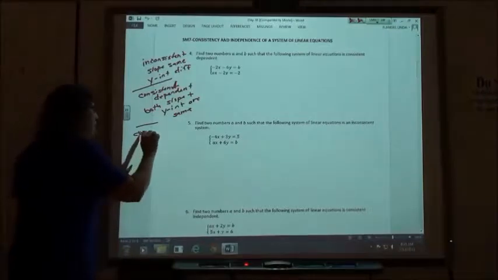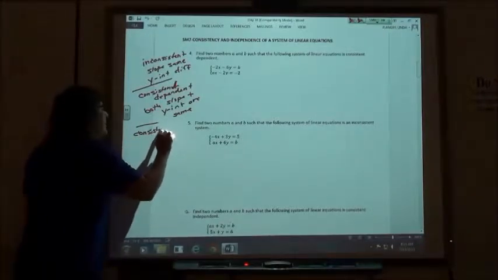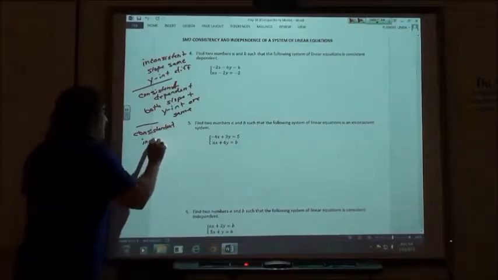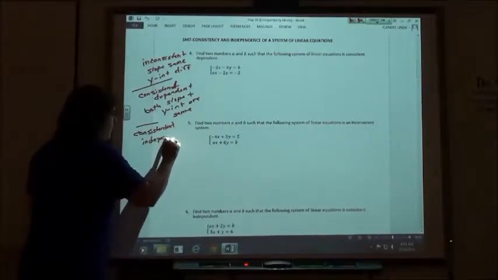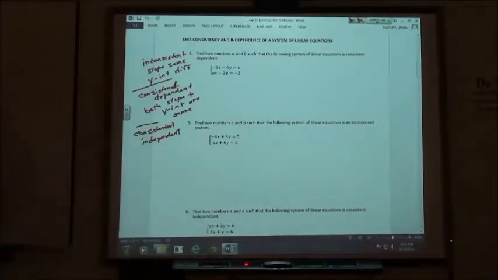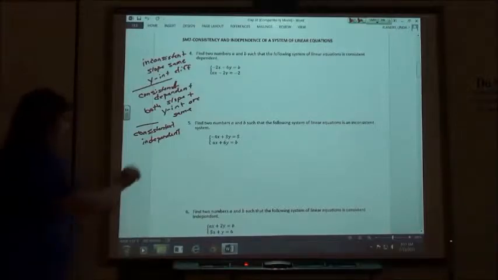And if we have the last kind, consistent independent, those are the ones where the two lines intersected in a point. Usually both the slope and the y-intercept are different.